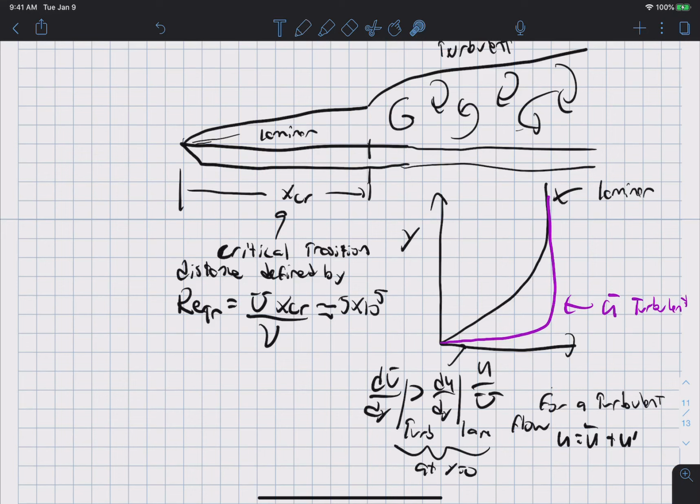So for external flows, the exact Reynolds number that causes the transition to turbulence is not 2300. The 2300 is specific to internal pipe flow. The exact Reynolds number that causes the transition to turbulence is dependent on the configuration. So for a flat plate that's perfectly smooth, it is roughly 5 times 10 to the 5th.